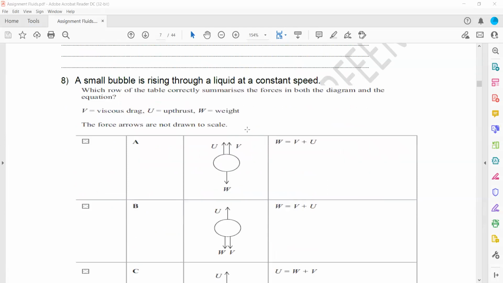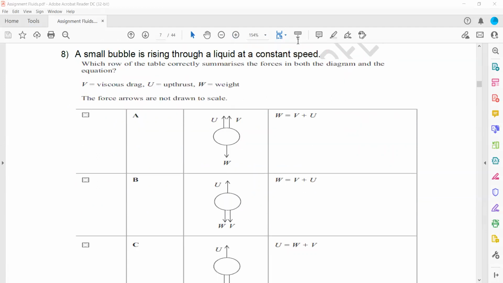The next one: a small bubble is rising at a constant speed. When something is rising at a constant speed, it means there is no resultant force. Because it is rising, weight is acting downward. Upthrust is acting up. And viscous drag also opposes the motion.